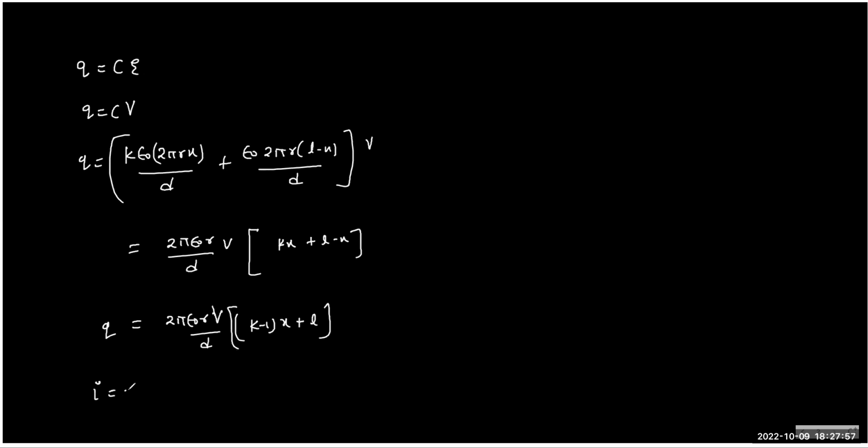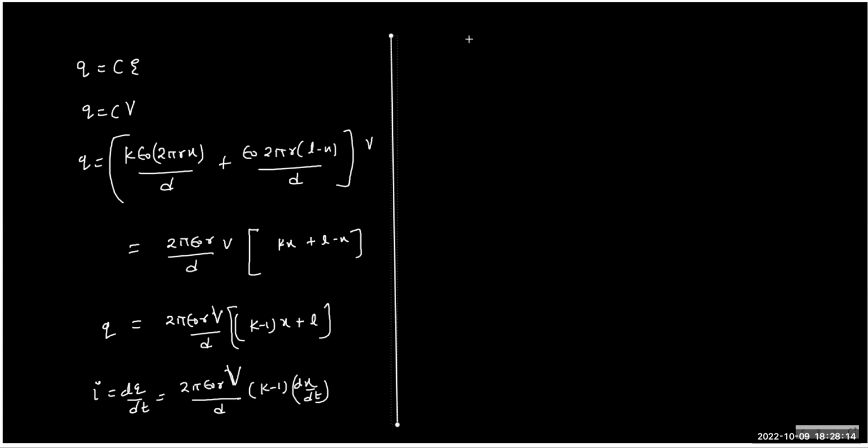Current is defined as dq by dt, so just differentiate this. Once you differentiate, x becomes dx by dt, and L becomes 0. Therefore the current I turns out to be 2 pi epsilon naught R by d times (K minus 1) times v, where v is the given speed.